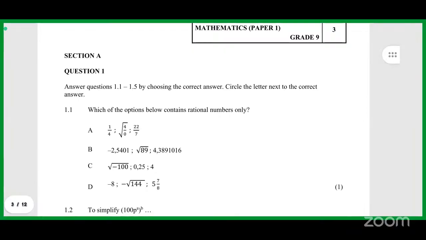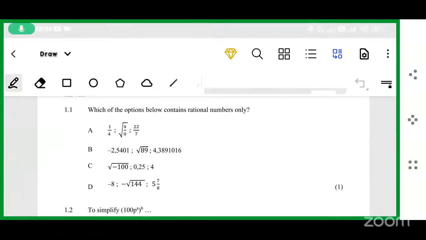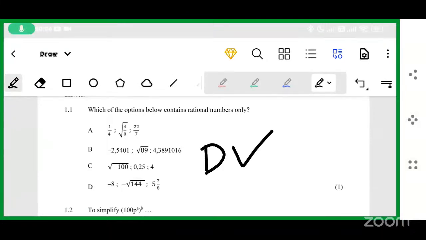Are you familiar with rational numbers? Yes, ma'am. Okay, so from the given options, which one do you think is the correct answer? D. All right, perfect. So D is your correct answer. I feel like you will ace this one.